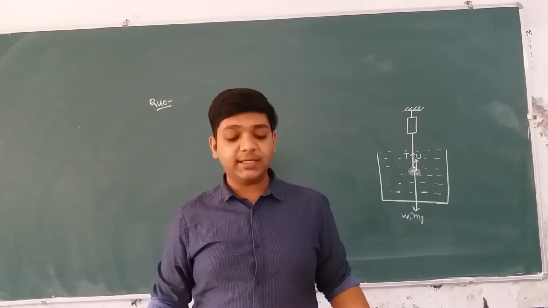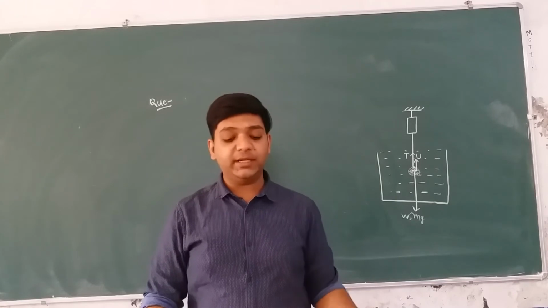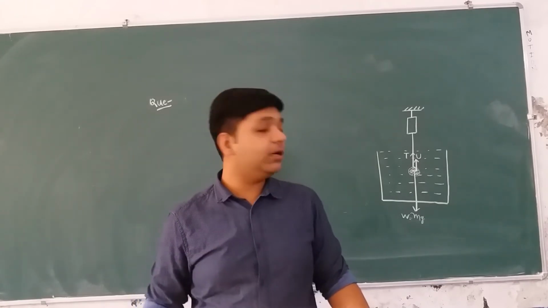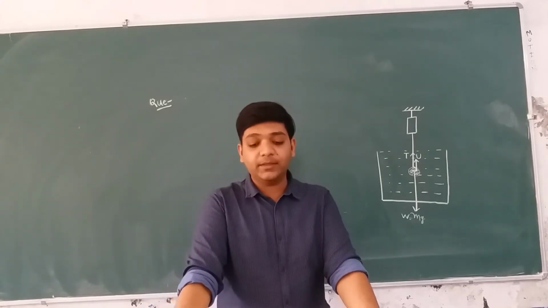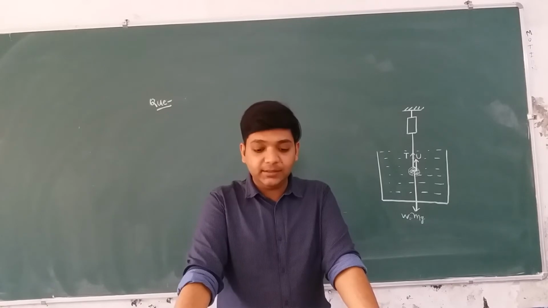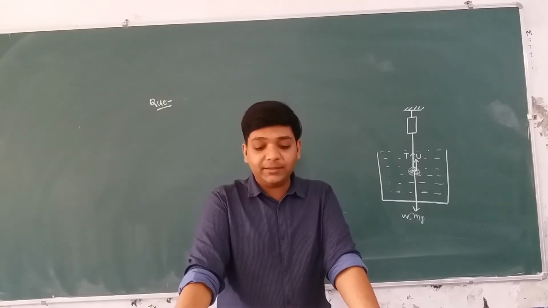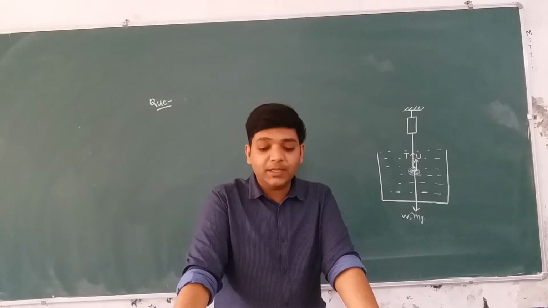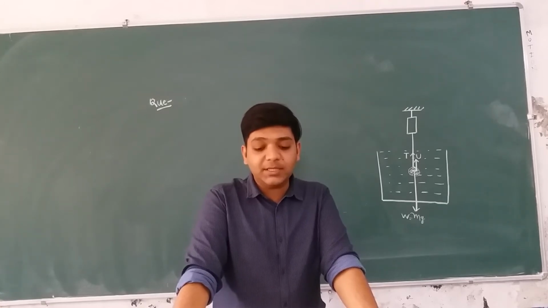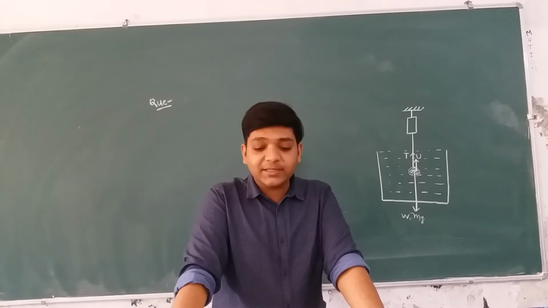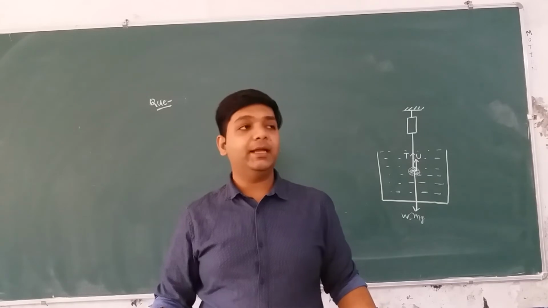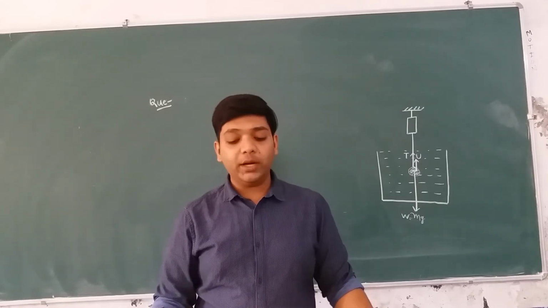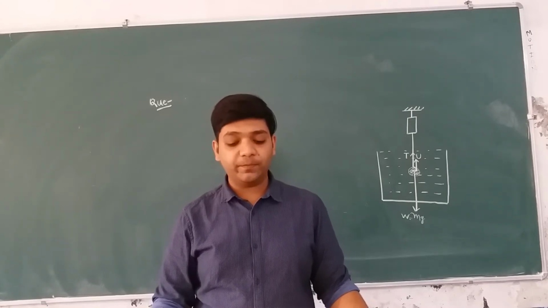The third question says a metal cube of 5 cm side, and relative density 9 is suspended by a thread so as to be completely immersed in a liquid of density 1.2 into 10 raised to the power 3 kg per meter cube.